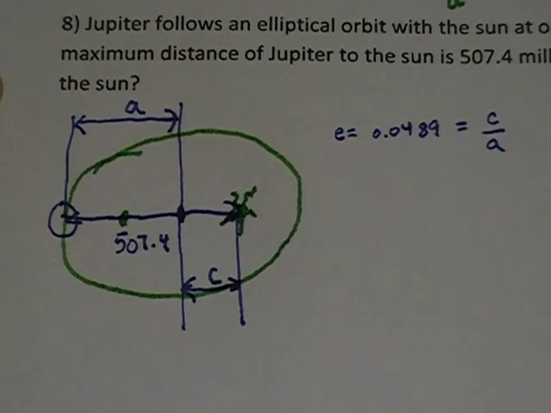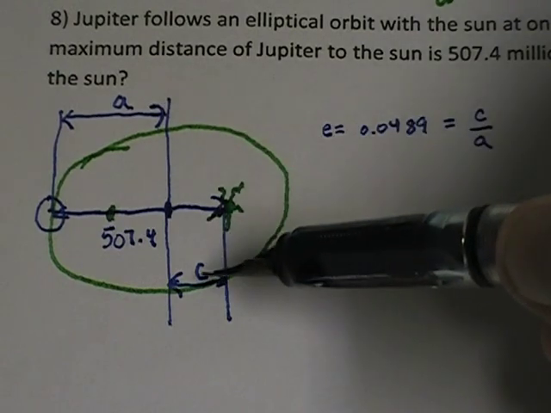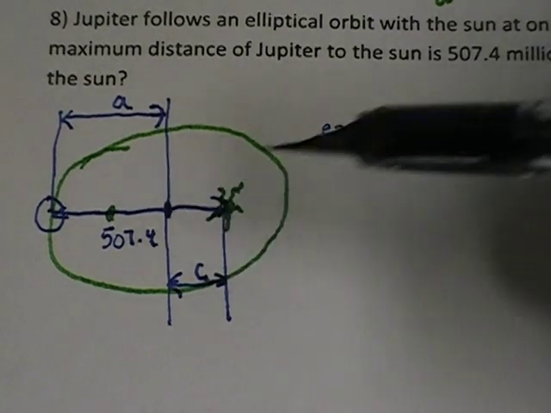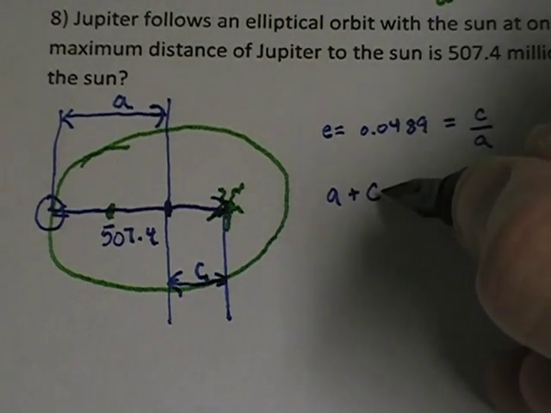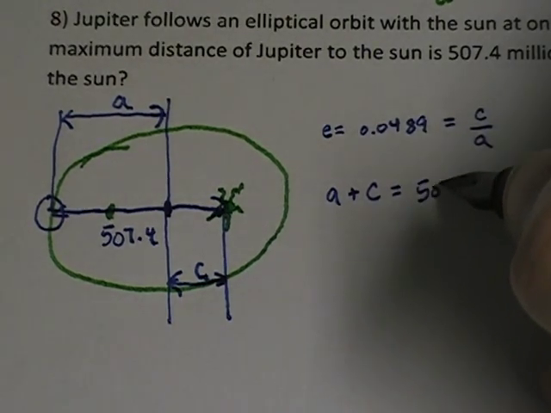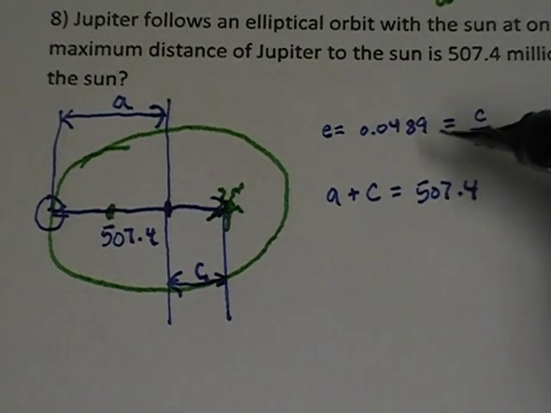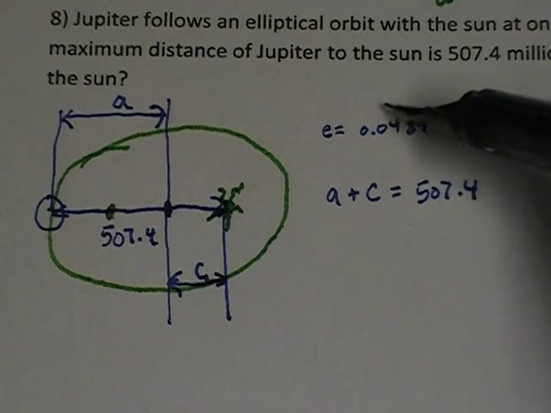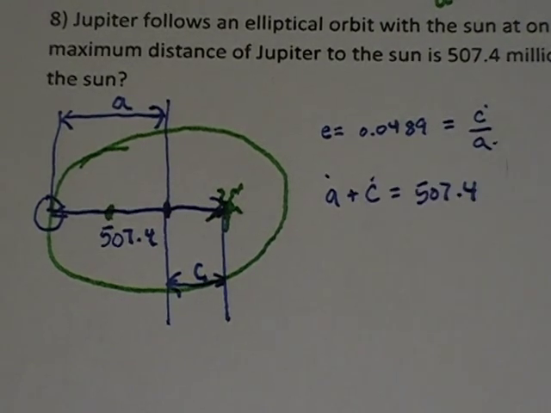So I can write an equation that A plus C is 507.4. And whether you realize it or not, you have just found out how to solve this problem, because you have a system of equations. You have an equation here with C and A, and an equation here with C and A.